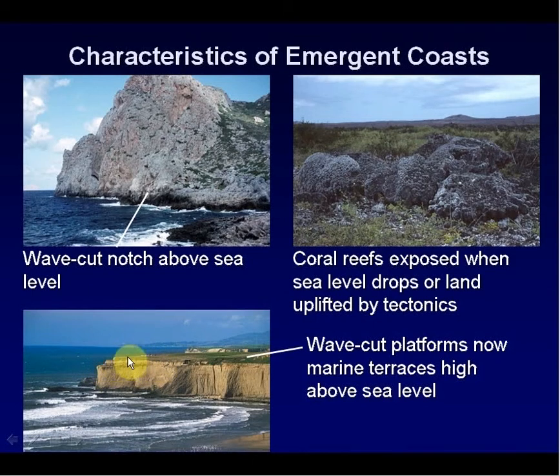Okay, so once these features are above current sea level, they're known as marine terraces. We can see these are way up there, several meters up, and these are kind of relic beaches, or also referred to as raised beaches in certain literature.